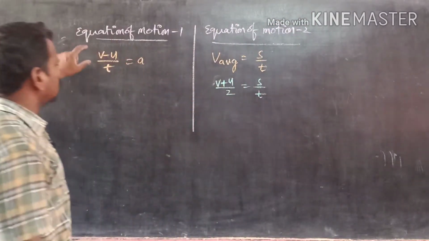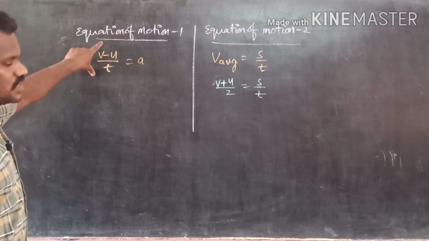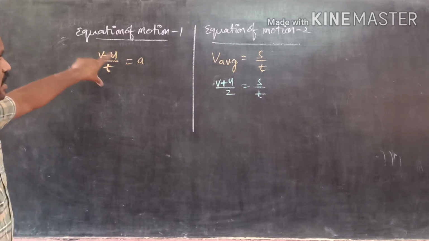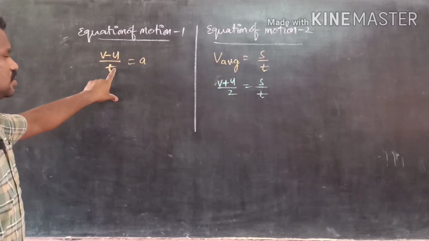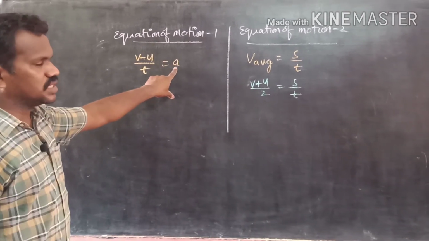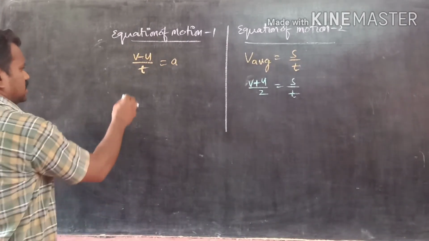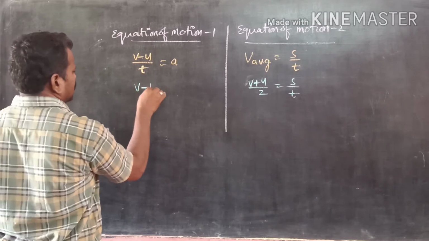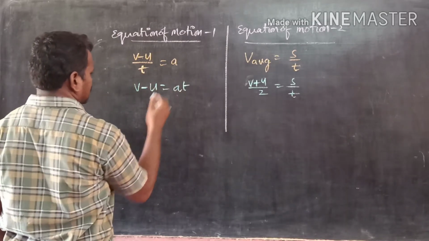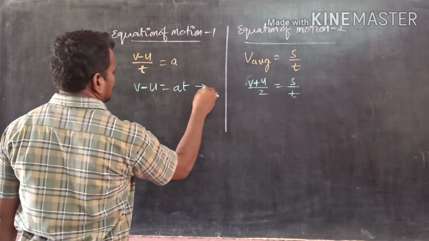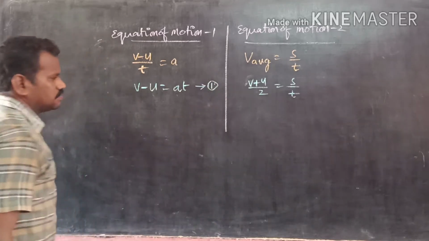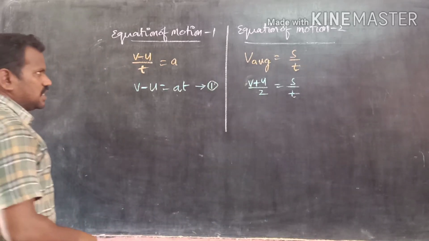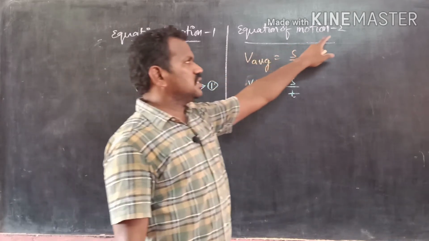As we already know, the basic concept of equation of motion 1 is that the rate of change of velocity is called acceleration. By rearranging this, v − u = at. This is equation 1, for example. Now let us consider equation of motion 2.